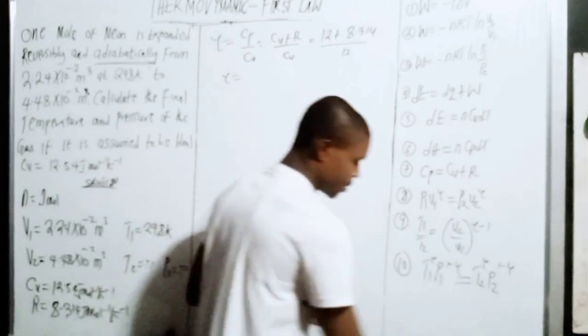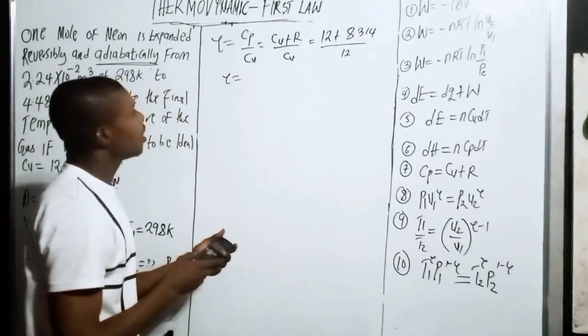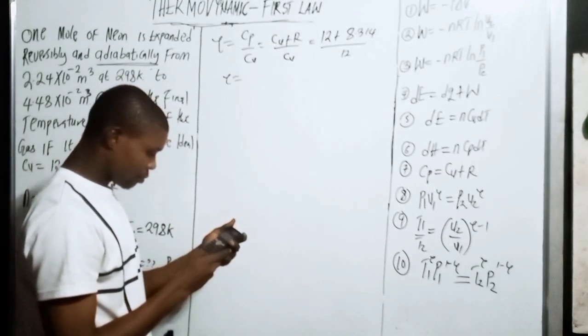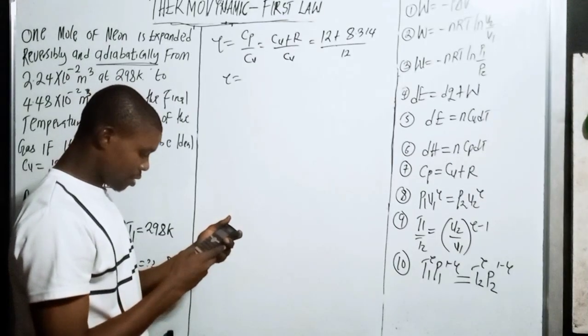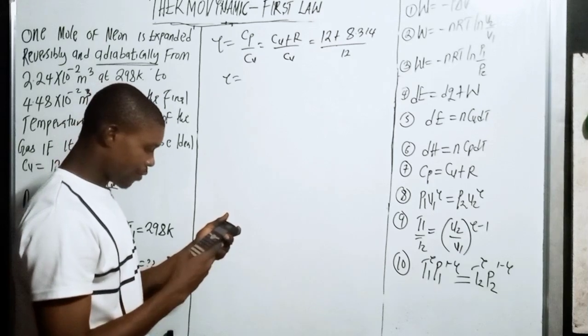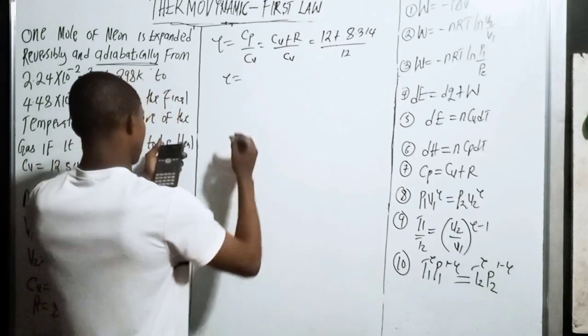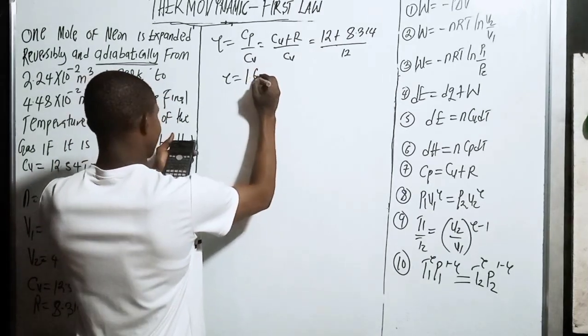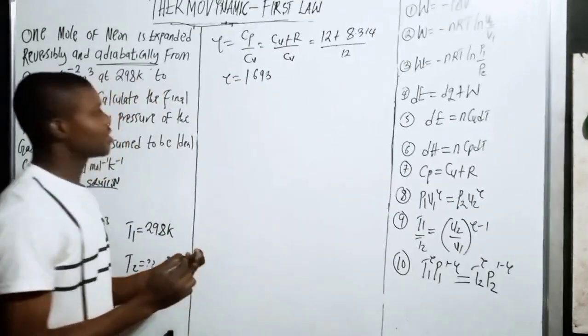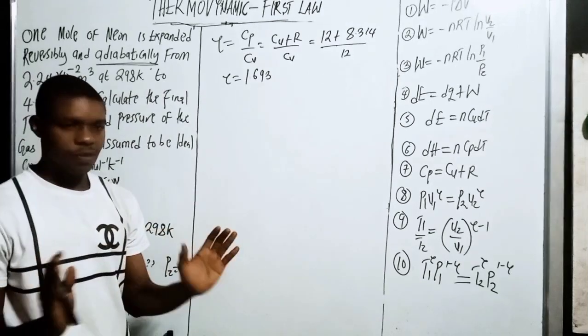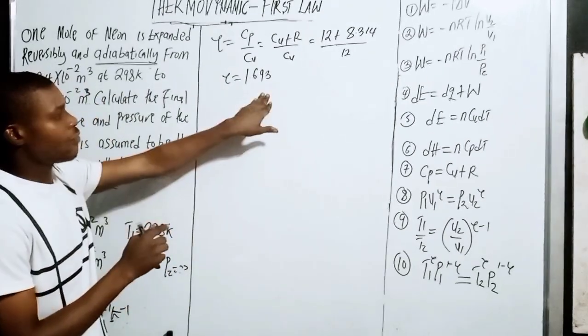So I want to have 12 plus 8.314, divided by 12. So you have 1.693. Do you understand? It means that I've got this one here.